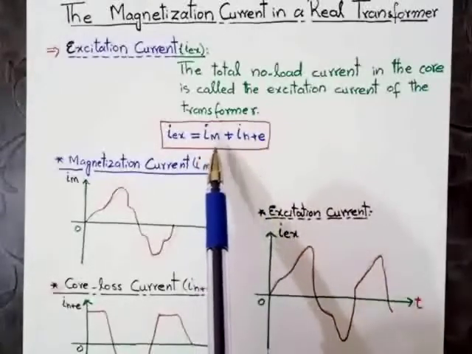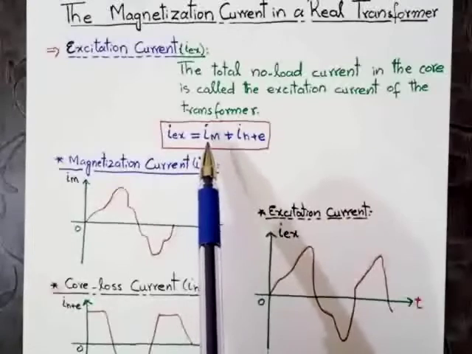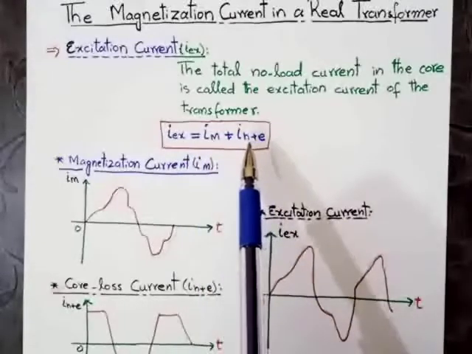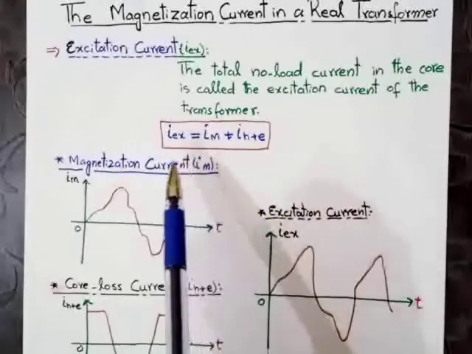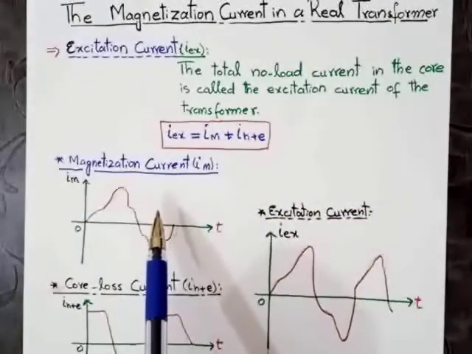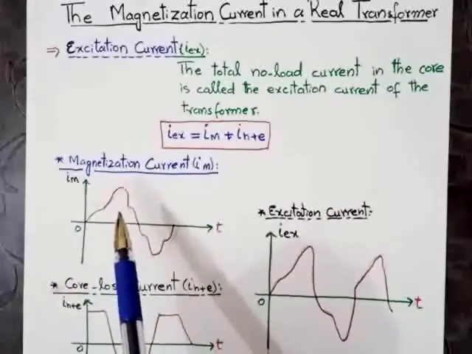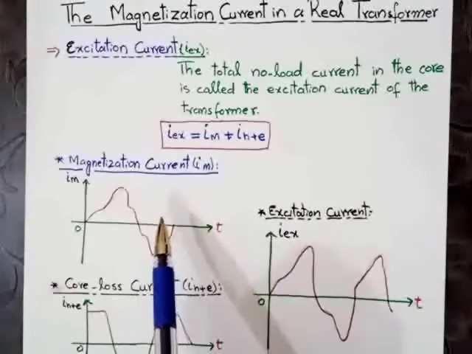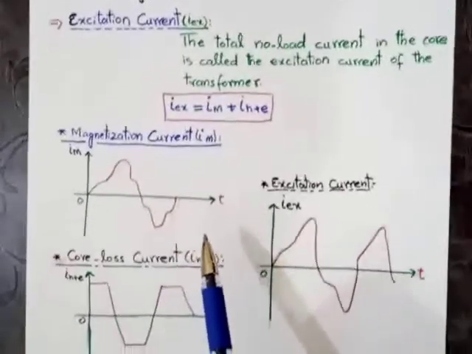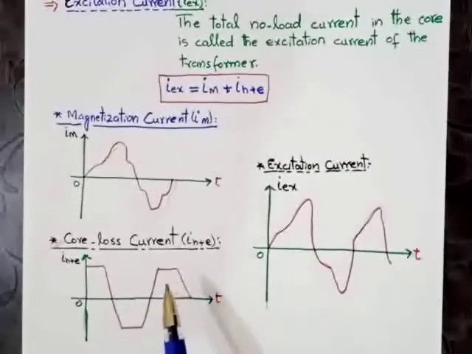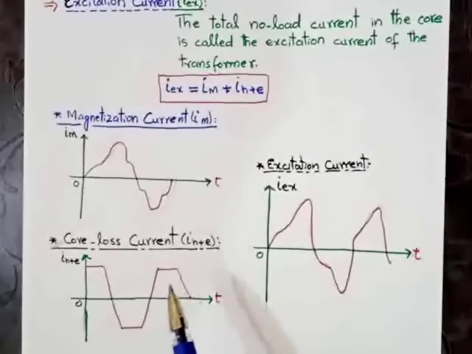As we have already drawn the waveform of magnetization current I_M, it is shown here, and this is the waveform of core loss current as we have already derived.